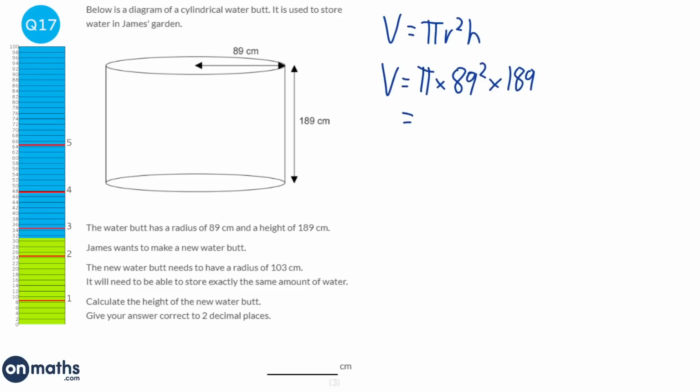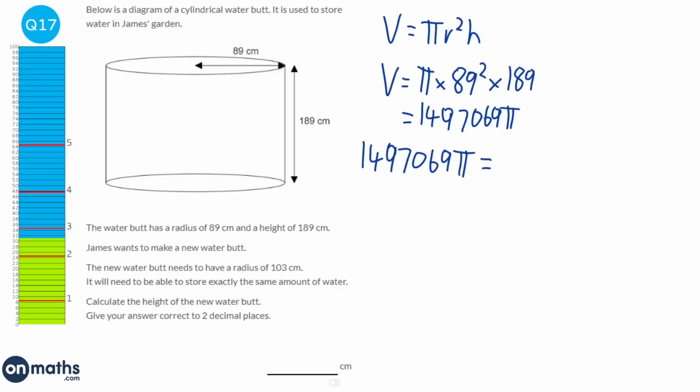And when we do that, we get 1497,069 lots of pi. And I'll keep this in terms of pi just for simplicity. Now, what we want is we want the volume to stay the same. So we're going to keep that as the volume, 1497,069 pi.